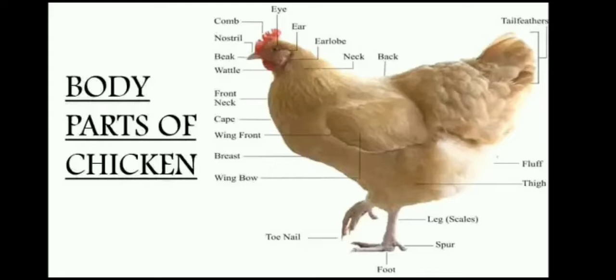The comb, as I said earlier. The beak, the wattle below it, then the front neck below the wattle, and then the cape near the wing front, then the breast, and the wing bow along with the wing front.